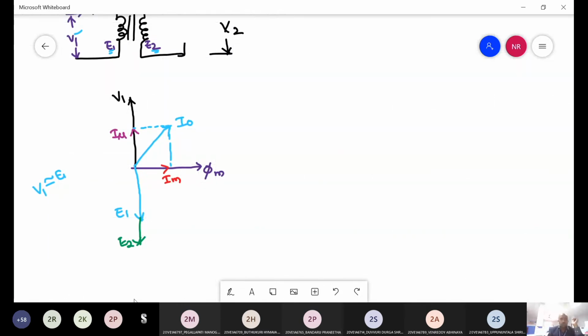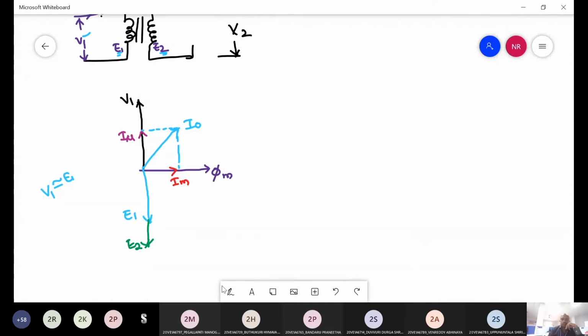So now here E2 is equal to V2. At the same time, in place of E2 I am writing V2. E2 is equal to V2.